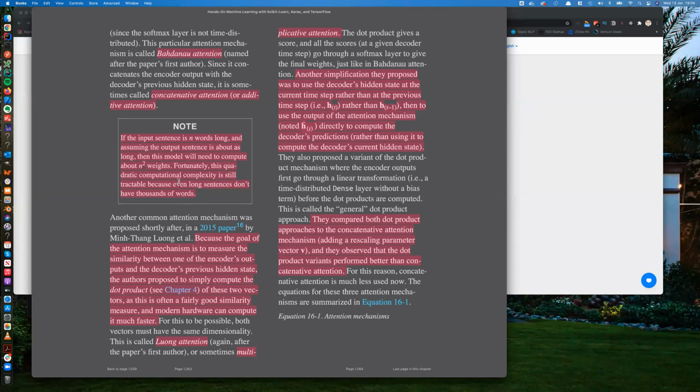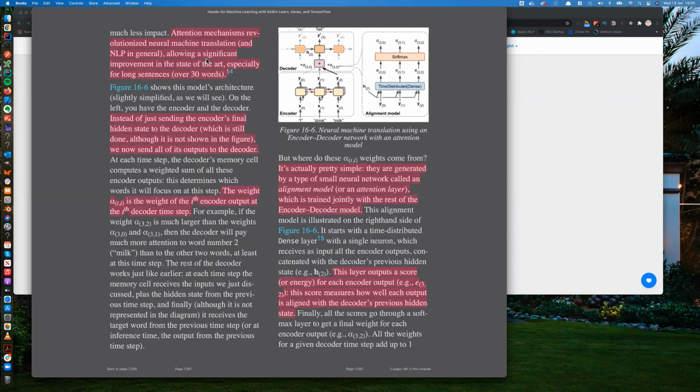So that bit was about the new attention, and that was all to do with doing this kind of concatenation operation and then computing a softmax.